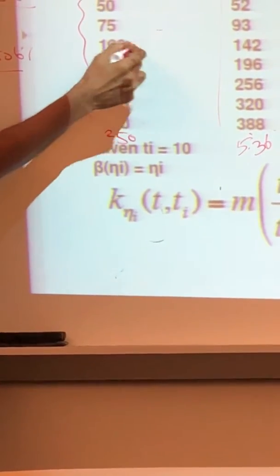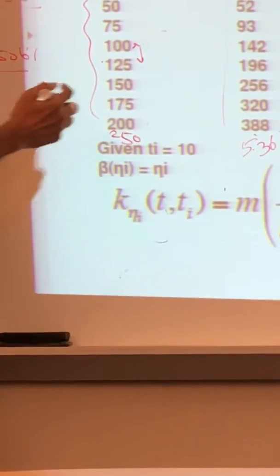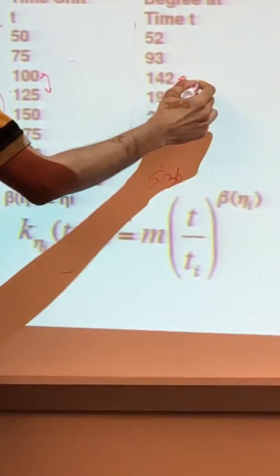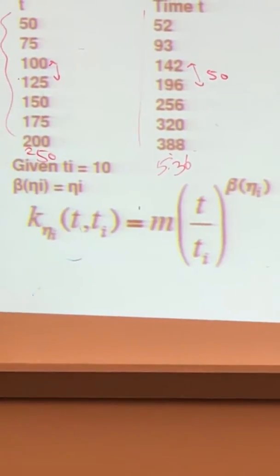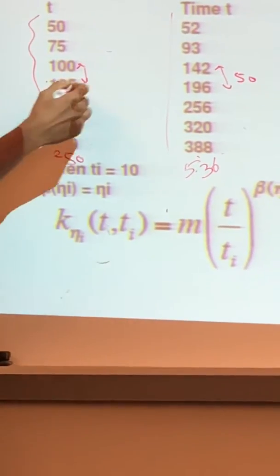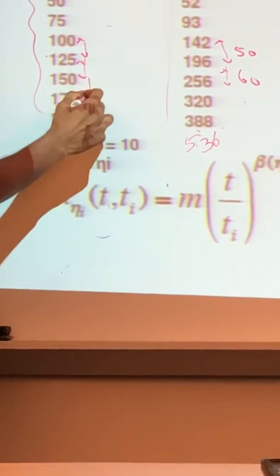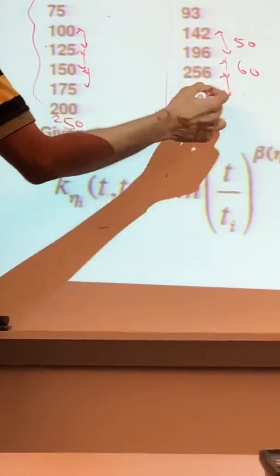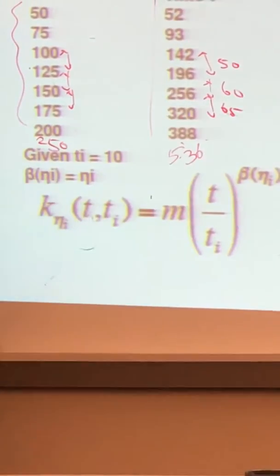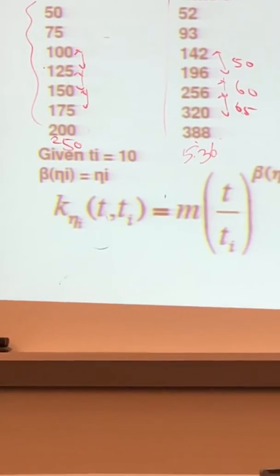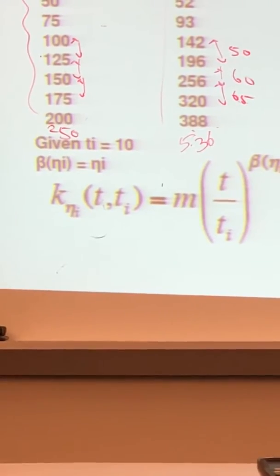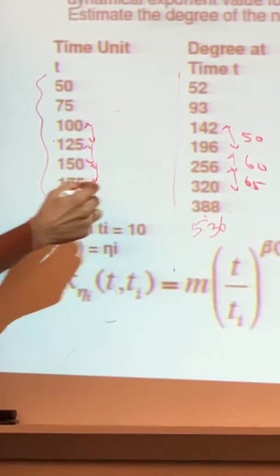For every increase in 25 time units, the degree increases by close to 50 to 60, around that. So this is increasing by somewhat like 60, and this is increasing somewhat like 65. This is an increase by 50.